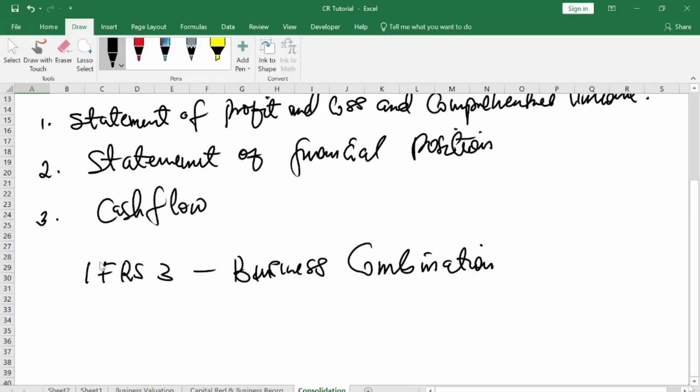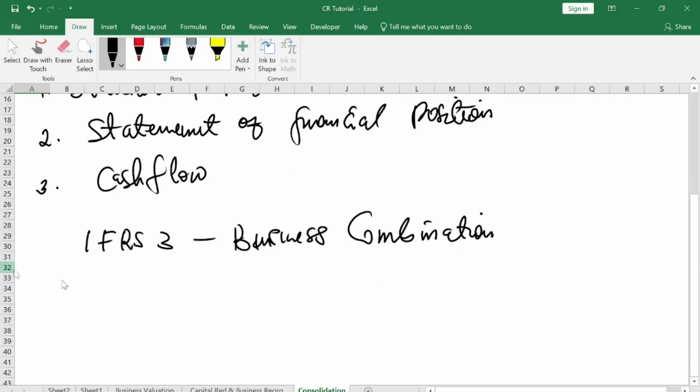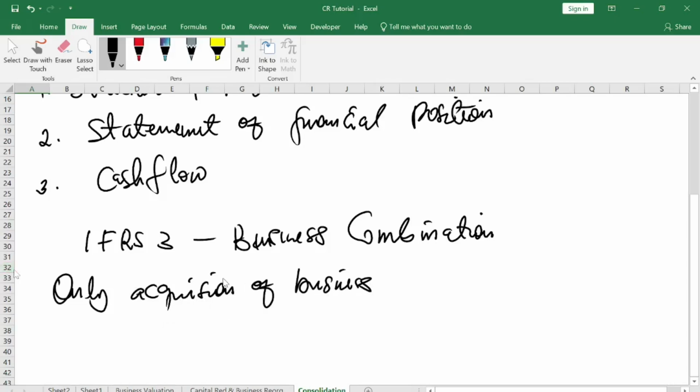When we look at business combination, it deals only with the acquisition of a business. You understand? So what do you do when you are acquiring a business? That is where IFRS 3 comes in.